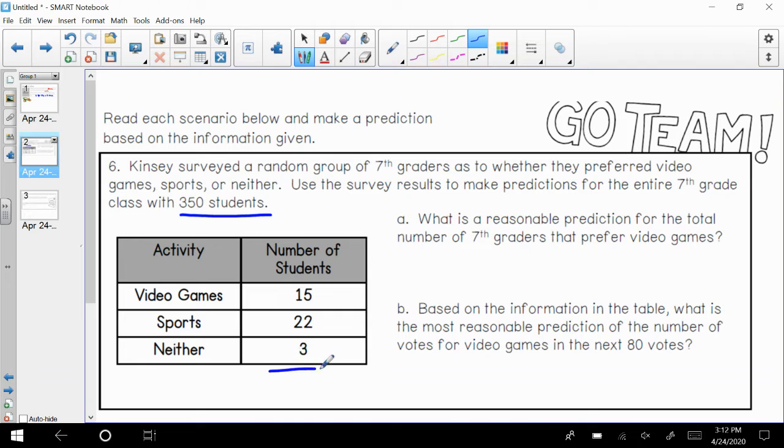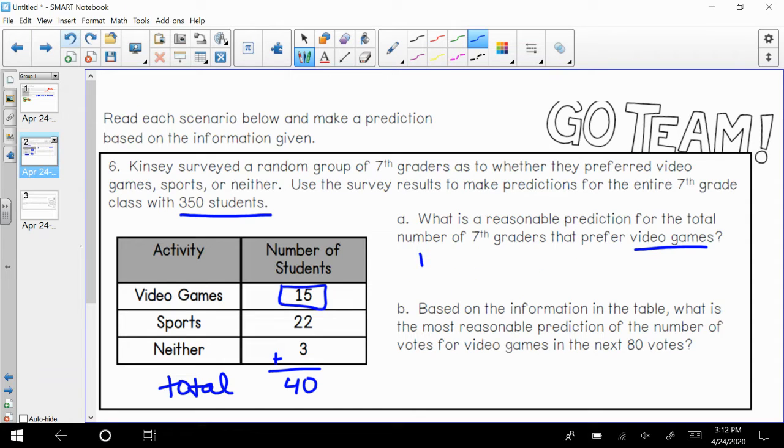So, what you're going to do is you're going to figure out how many total students she surveyed, which was 40, and then you go through and you're looking for a prediction for people that liked video games. So video games was 15 out of 40, and we want to know the total out of 350 possible seventh graders.